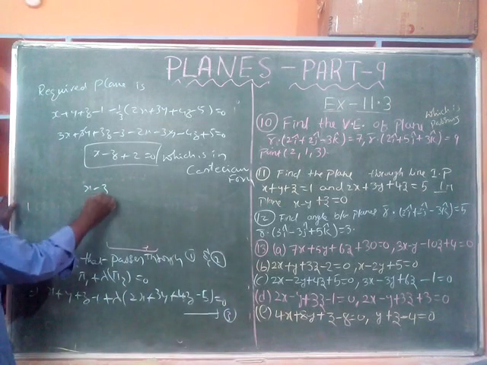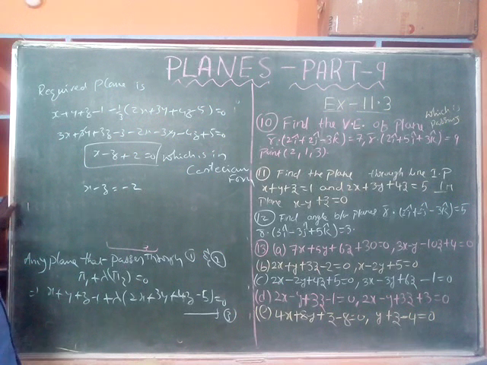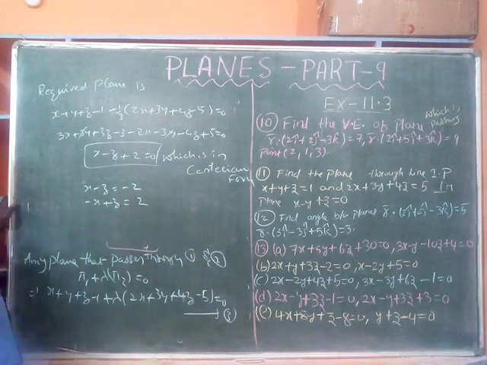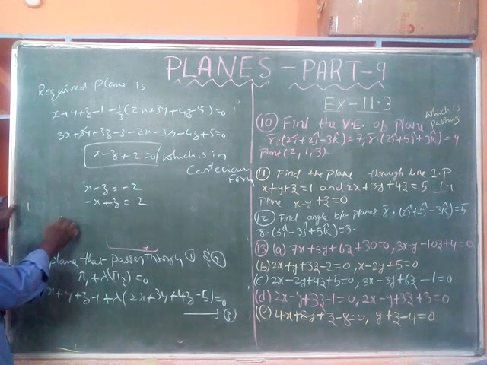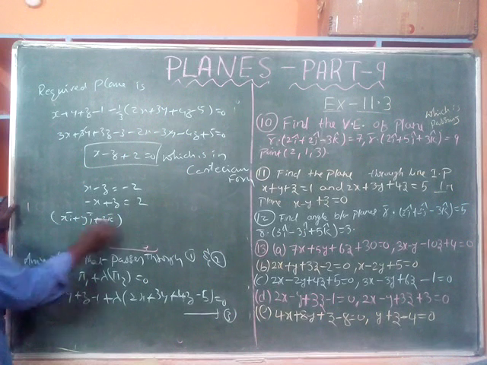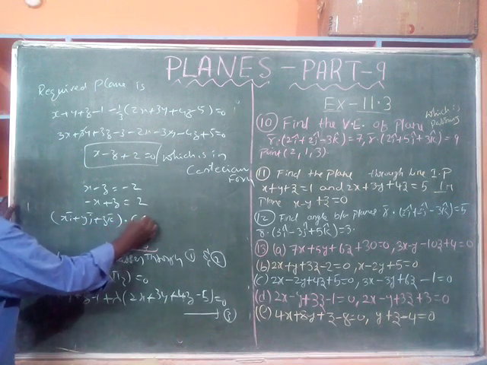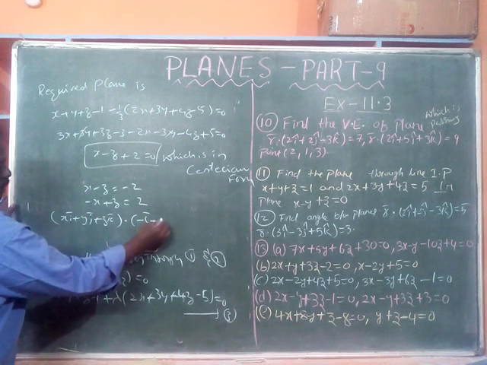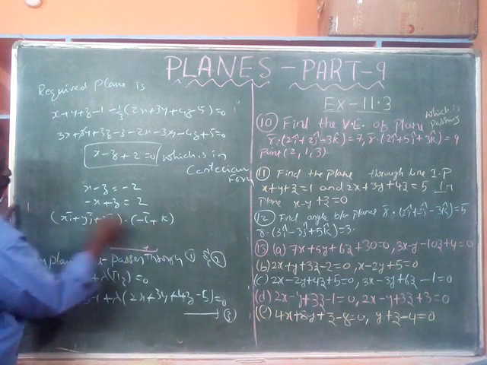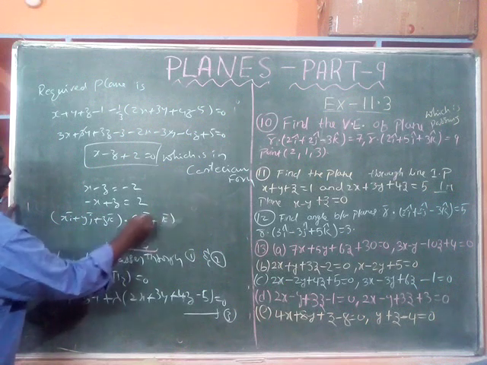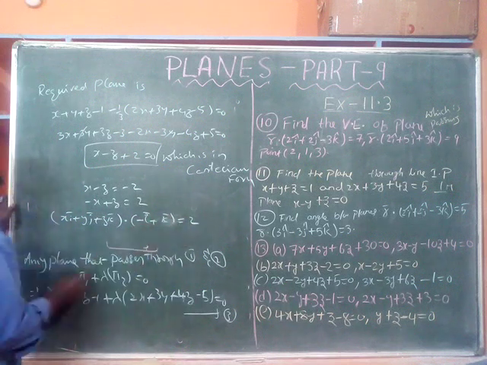This is x minus z is equal to minus 2, that is minus x plus z is equal to 2. That means xi plus yj plus zk, that is r bar dot (minus i plus k), j is not there, is equal to 2.